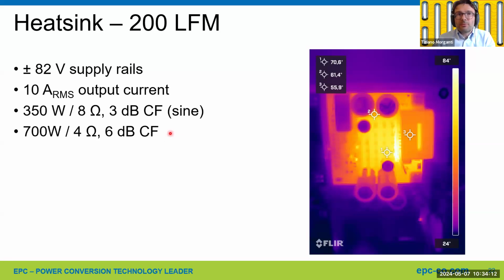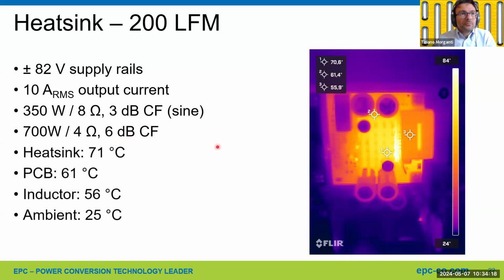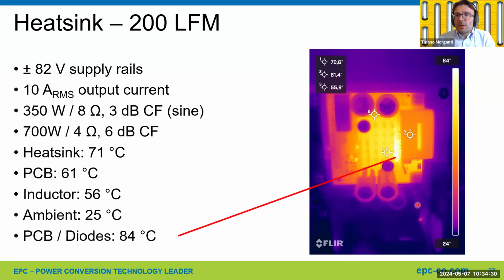Maybe in some subwoofer application you can find such a dense signal. So we have the heatsink at 71 degrees, the PCB at 61 degrees, the inductor at 56 degrees. You can see the hottest area is the PCB close to the Schottky diodes, which is 84 degrees.